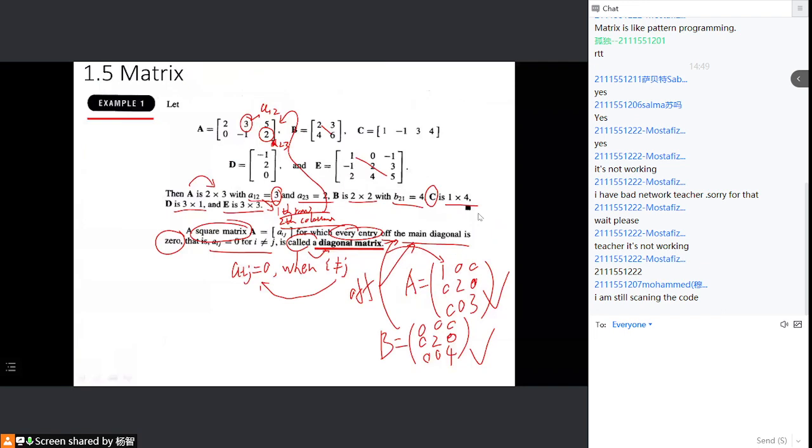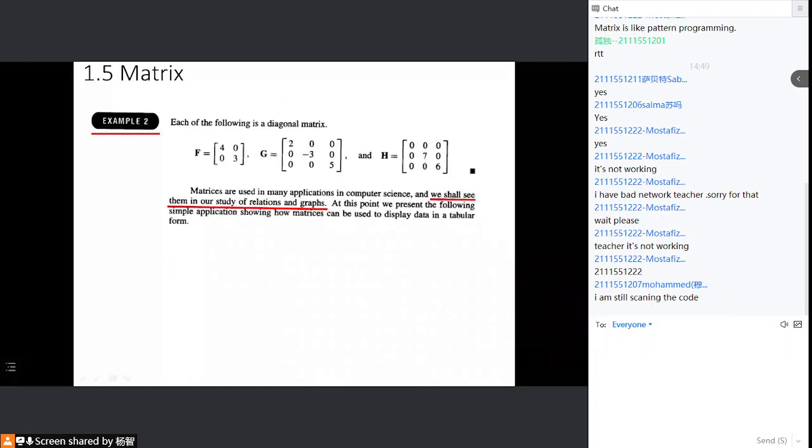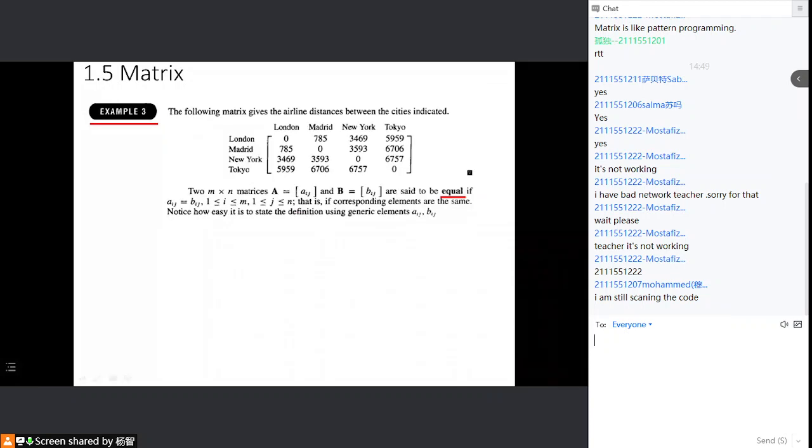Okay, we just continue. Look at example 2. Each of the following is a diagonal matrix, right?